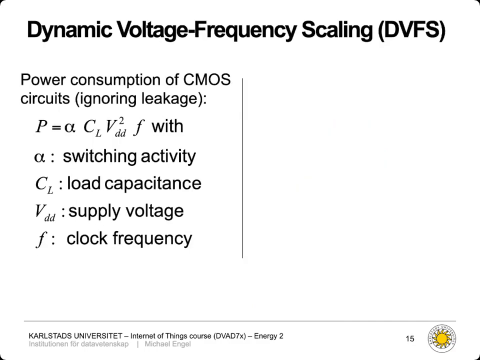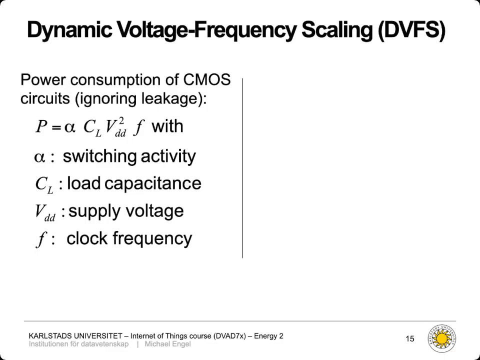So if you want to work with dynamic voltage frequency scaling, then first you need to consider the power consumption of a CMOS circuit. And here we only look at the dynamic CMOS power consumption, so we're ignoring the leakage currents, even though they're quite big.